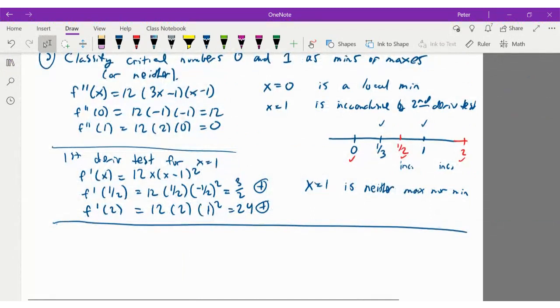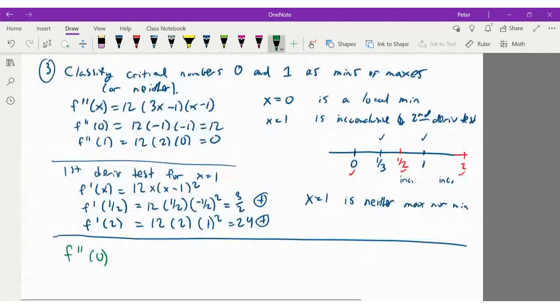So f double prime of 0, we already calculated that, that's going to be 12. We know that f double prime of 1/2, is a different one in my problems, so we'll do it this way.